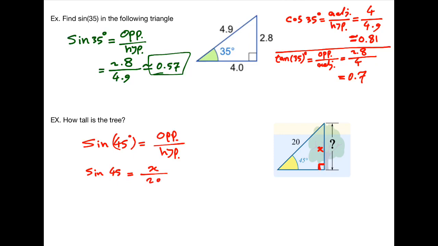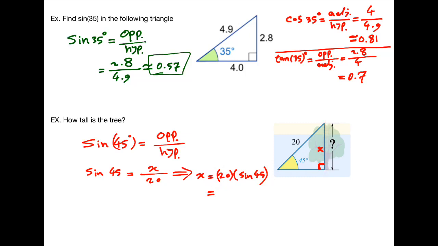This is a rational equation, so I can cross multiply. x equals 20 times sine of 45. Now here you can use a calculator to find the value of x. You can use a calculator to see what sine of 45 is, and then multiply that number by 20, and that will be the height of this tree.